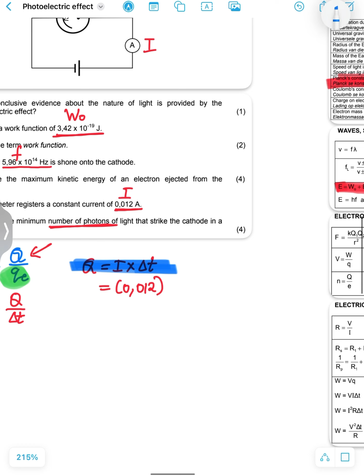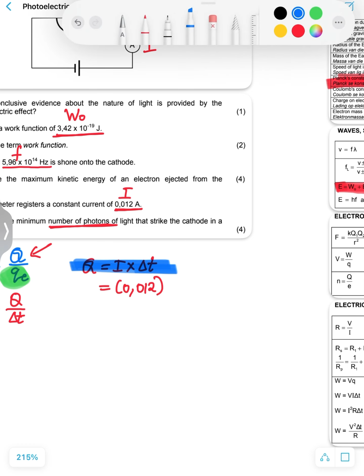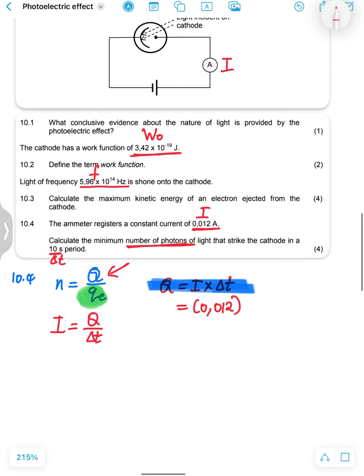So the current is 0.012, given, and the time they give us is 10 seconds. If you multiply the two, you get 0.12 coulomb. That is the charge.